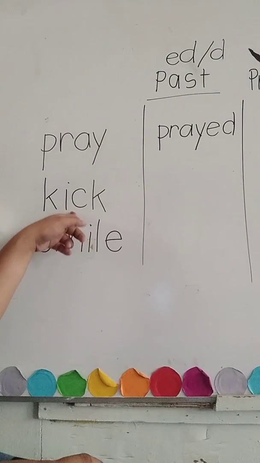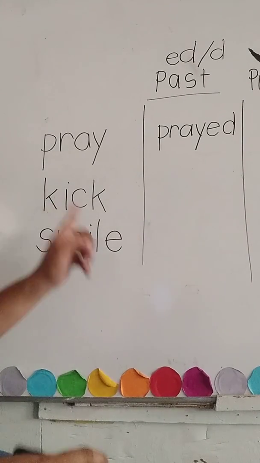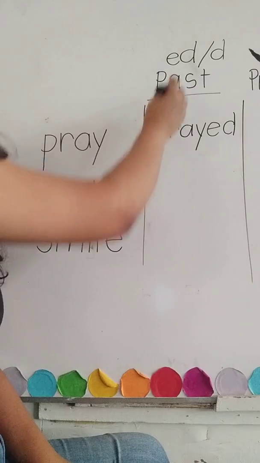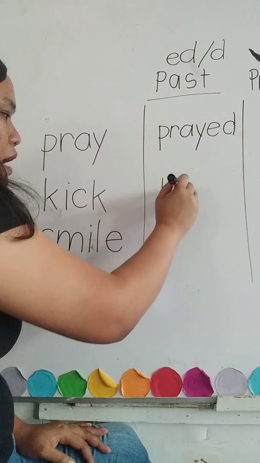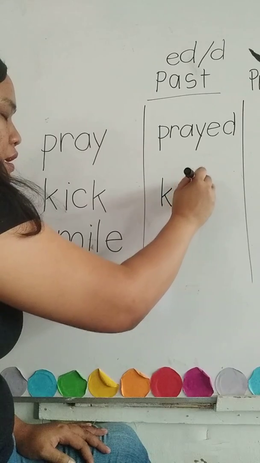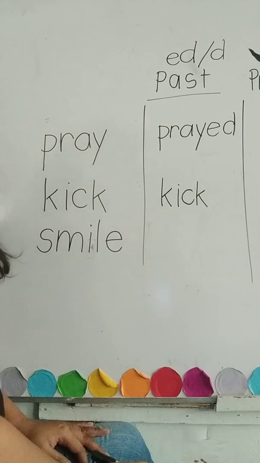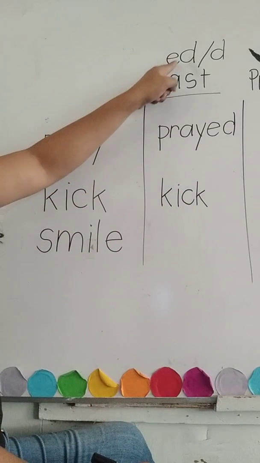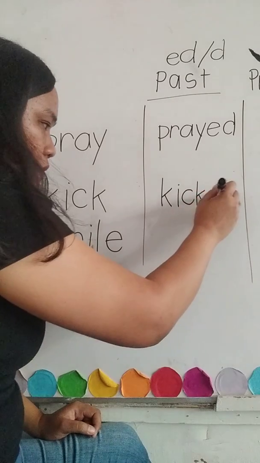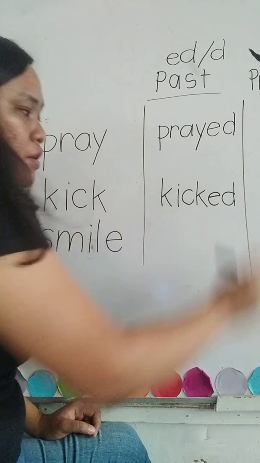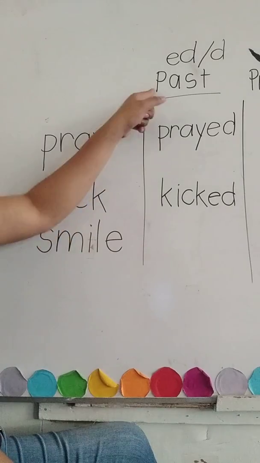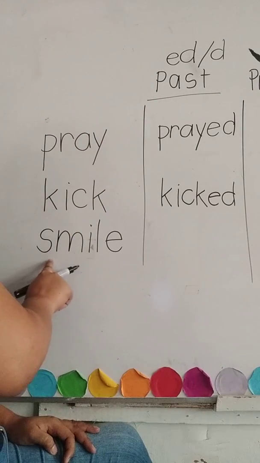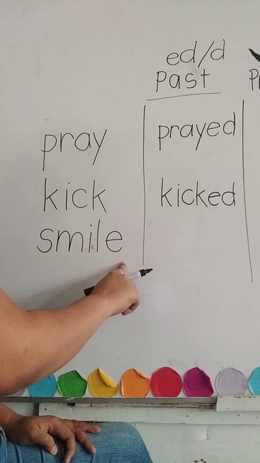Our next word is kick. So again, we want to make it past. Copy the word K-I-C-K. When you finish copying the word, add ed at the end. The word becomes kicked. Now it is past. Our last word is smile.